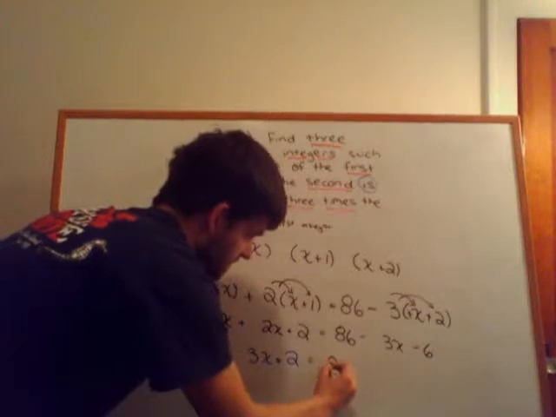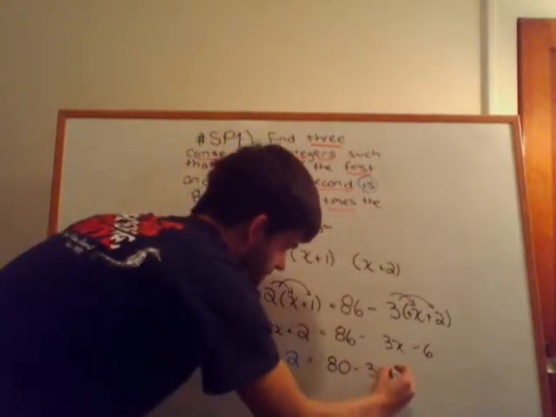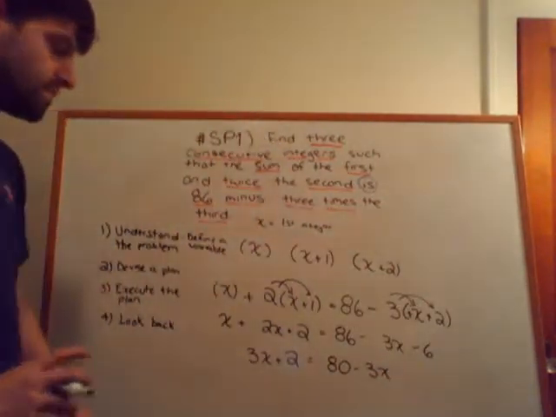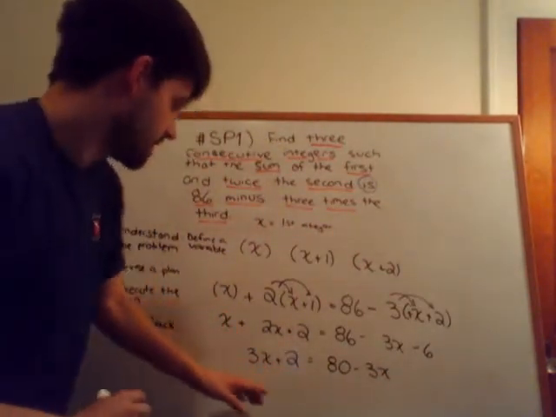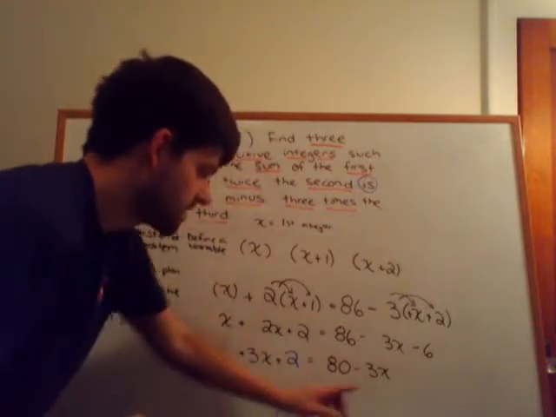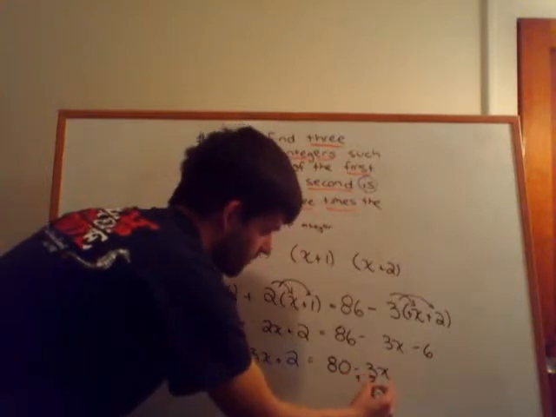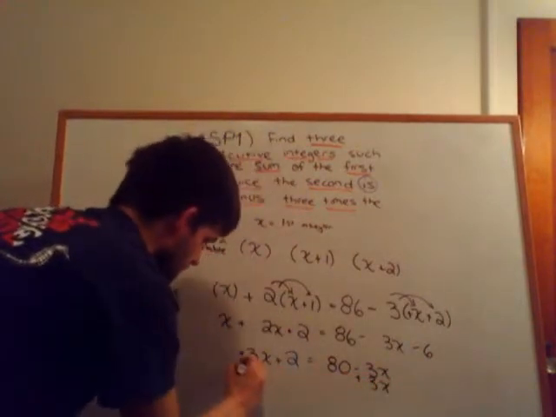So 86 minus 6 is 80 minus 3x. Okay. Now we can take this 3x is positive, so we're going to add 3x to both sides to get the variable on one side of our equation.